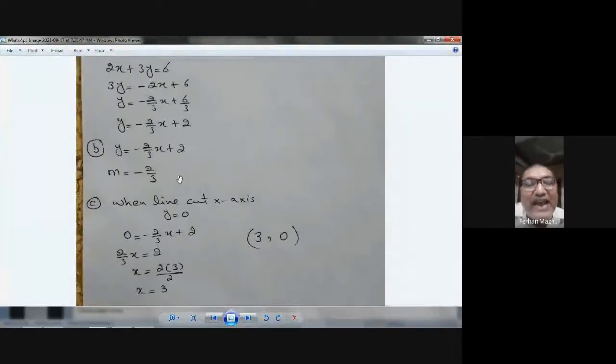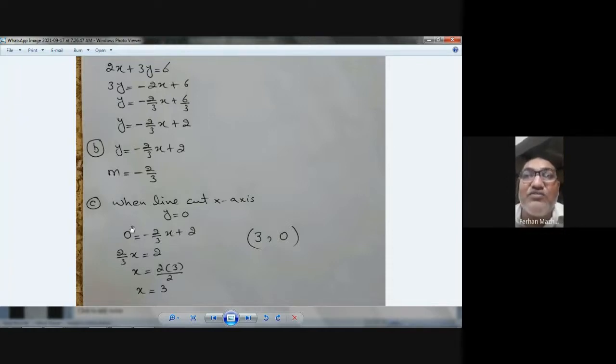So in that equation, I will put y equals to 0. In the place of y, I will substitute 0. So you will have 0 equals to minus 2 by 3x plus 2. I will take this minus 2 by 3x on the other side.